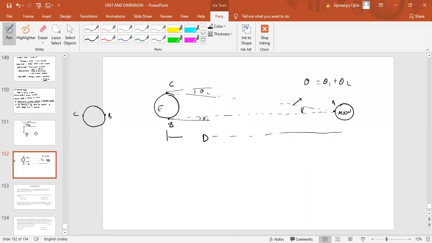Now we go to the diametrically opposite point and observe the same point A on the Moon. Now that point will make angle theta 2 from the vertical. The total angle it makes would be theta, which is theta 1 plus theta 2.